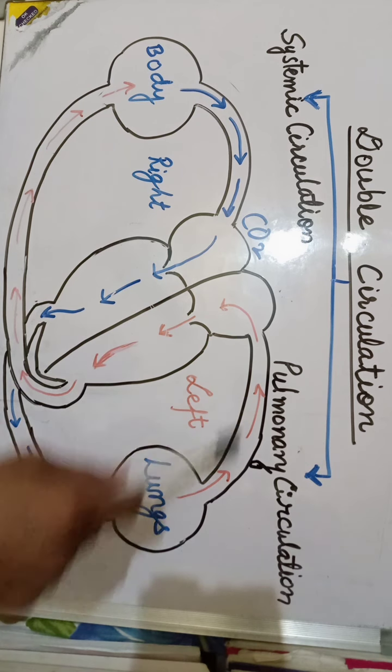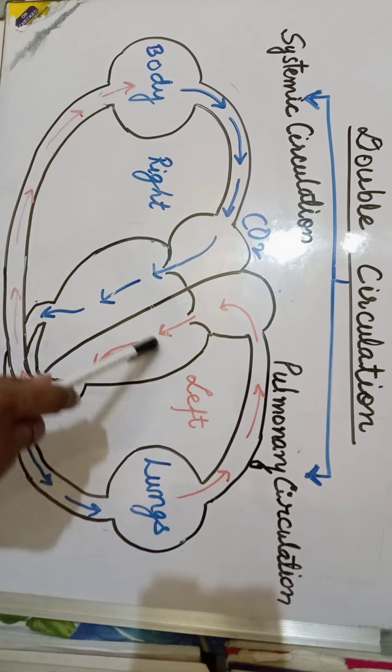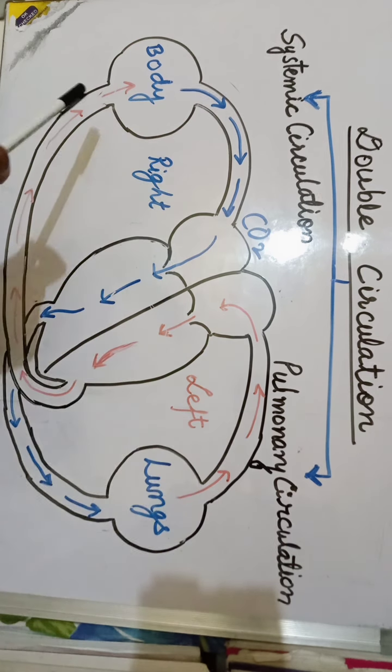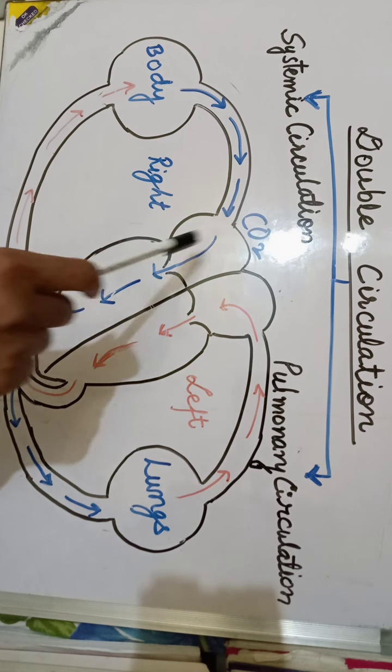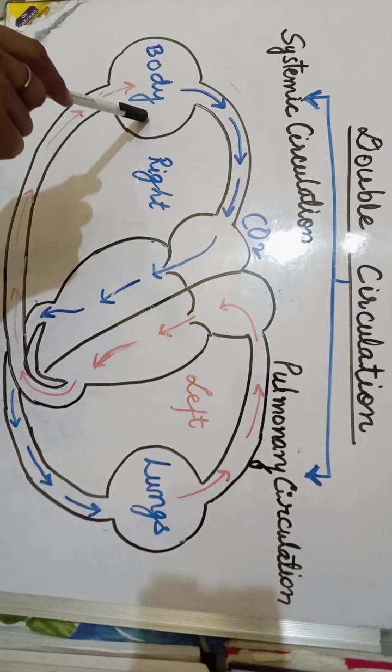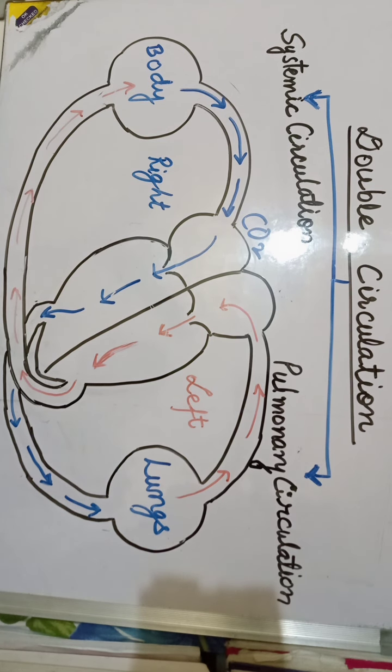So the pulmonary circulation, which takes place between a part of the heart and the lungs, is a shorter cycle, but the systemic circulation, which takes place between the heart and all body parts, is a longer cycle. So this is how double circulation happens in the human body.